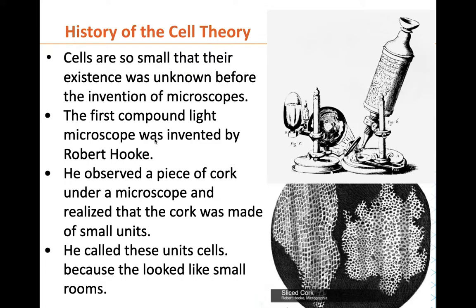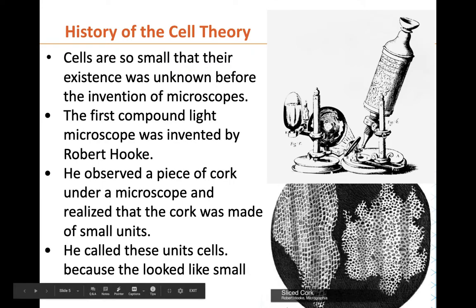So a man called Robert Hooke zoomed in and used his microscope to look at a piece of cork. Cork is like a piece of wood, you know. And he noticed that when you zoomed in deep enough, the cork was made up of tiny little empty squares. The reason they were empty is because he was looking at dead cells, so they were already basically evacuated of all of their cellular material.